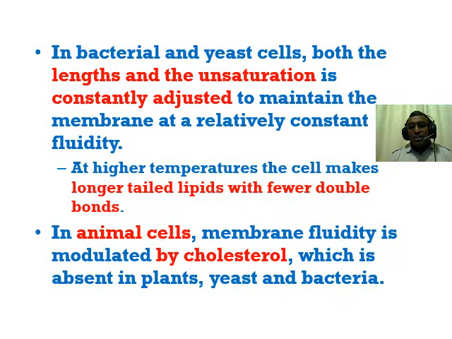Unfortunately, animal cells do not have this ability of controlling saturation and unsaturation, as well as the length of the hydrocarbon chain. What happens is we animals have cholesterol inserted in between that space that I just showed you in the previous slide, and therefore it will restrict the movement of the hydrocarbon chain, and hence the whole lipid bilayer will be controlled in terms of fluidity, and therefore hopefully there is no rupture of the whole cell.